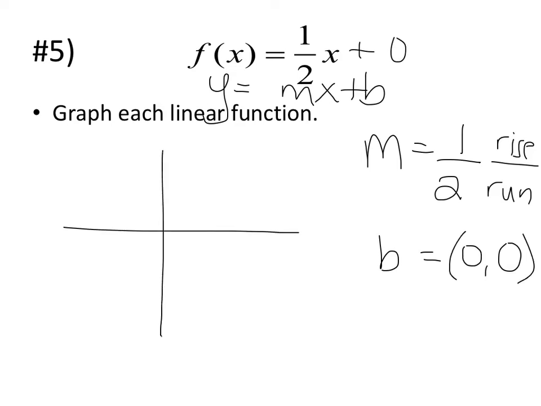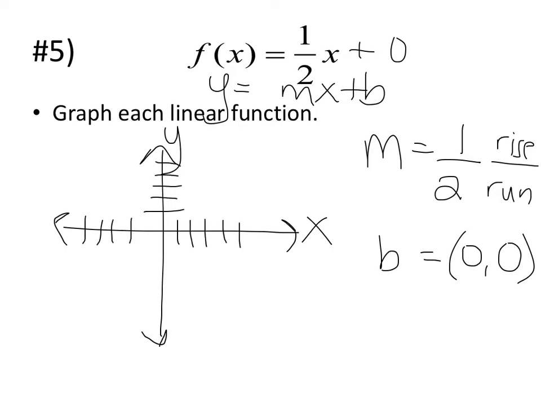So when you graph x, y, you're going to plot your y-intercept at 0, 0. You're going to rise 1 and run 2. So you end up right here. And then you draw your line.